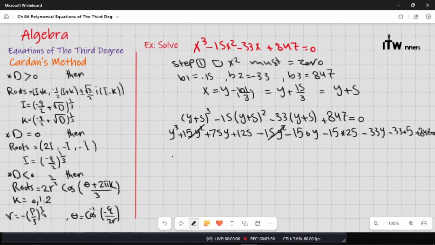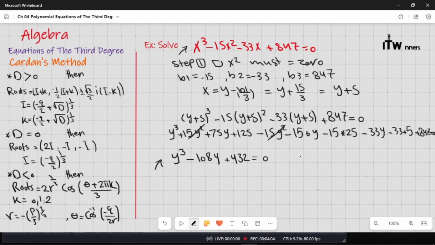So we will obtain y cubed minus 108y plus 432 equal to 0. Okay, so we just transform this equation of x to this equation of y.